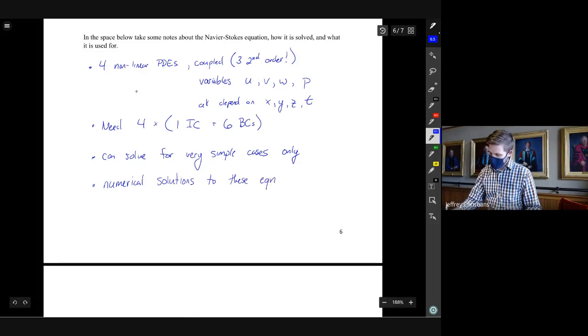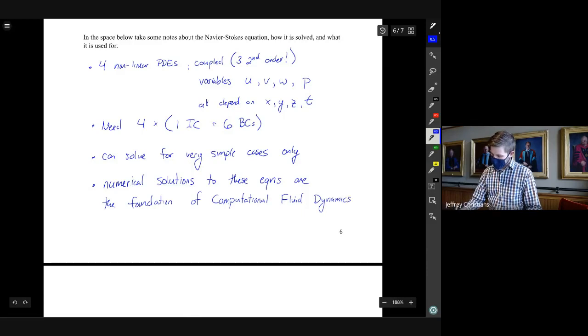So numerical solutions to these equations are the foundation of what we would call computational fluid dynamics, or CFD.